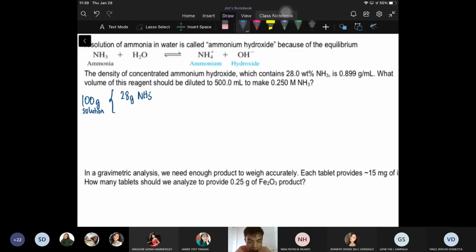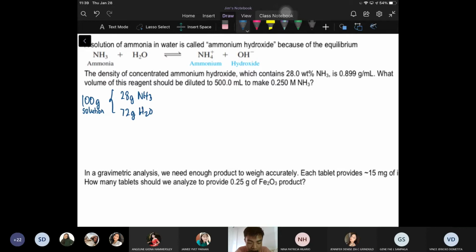And the remaining will be water, no? So, ilan yung water dyan? 72 grams H2O. Okay? So yan yung composition ng ating 100 grams solution. Tama ba? 100 yan. Okay.